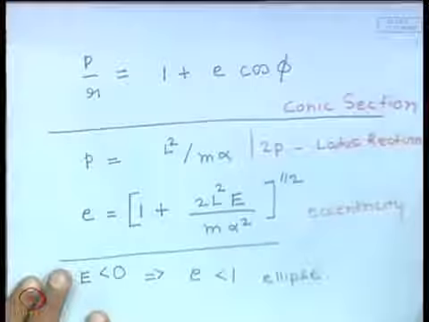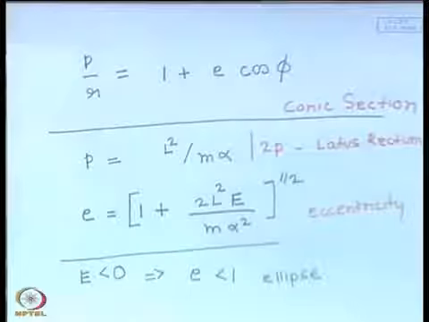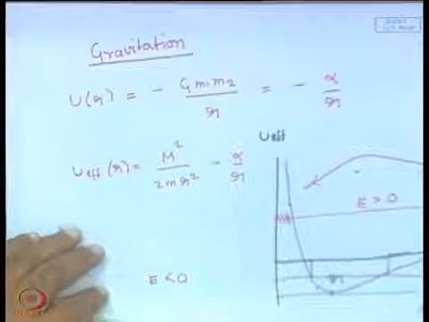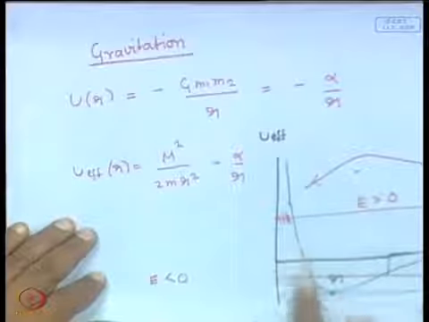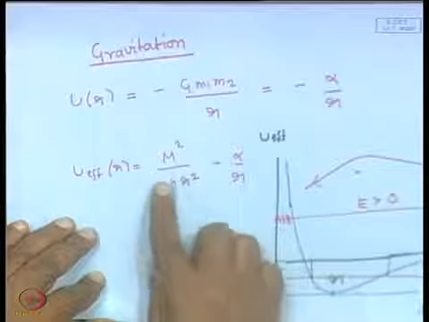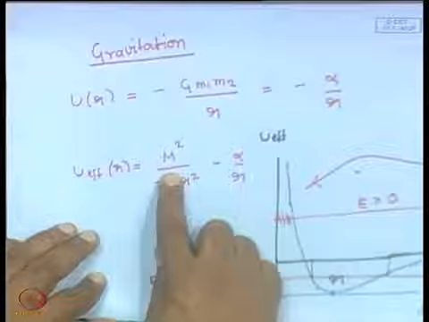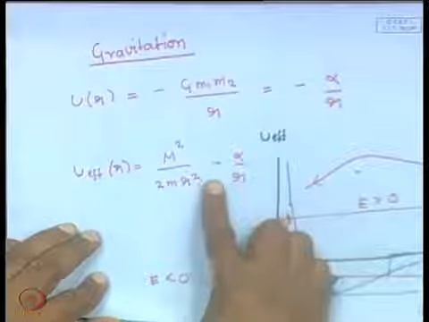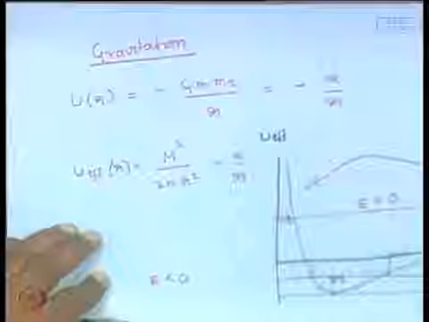Okay. So, for eccentricities which are less than 1, we have an ellipse, and so the energy is negative. Let me connect up with what we had discussed in the last class. In the last class, we had seen that there is an effective potential, which is the combination of the centrifugal potential, which is positive and dominates near the center, and the gravitational potential, which is negative and dominates far away.